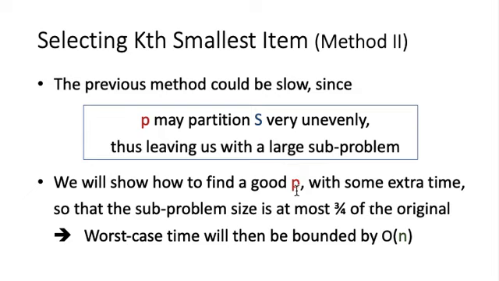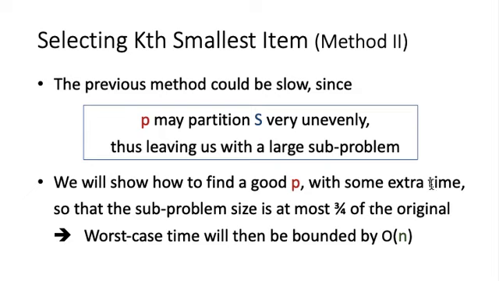So how good is this pivot? This pivot P will allow the subproblem size to be bounded by at most 3/4 of the original. So 1/4 of the original numbers will be removed in the subproblem. We guarantee that we take away a lot of numbers from consideration during the computation of the subproblem.